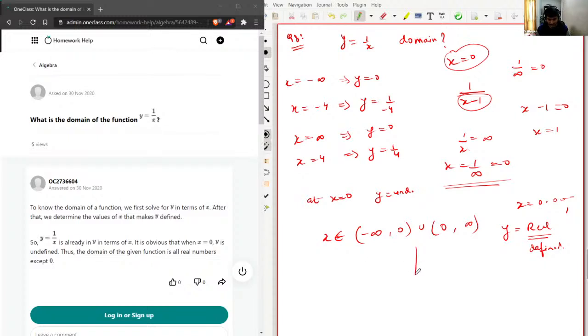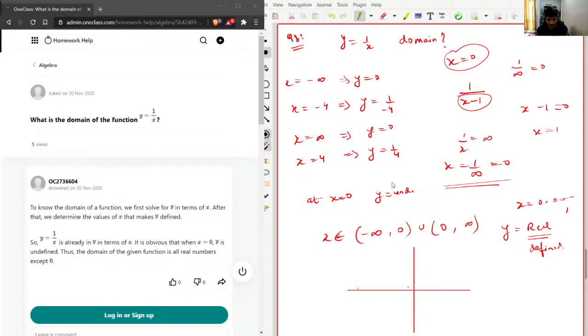And the graph should look like this, I guess. I just need to check that. So for x equal to negative infinity, y is 0. Negative 1 over 4 will be negative 0.25. That will be somewhere here.